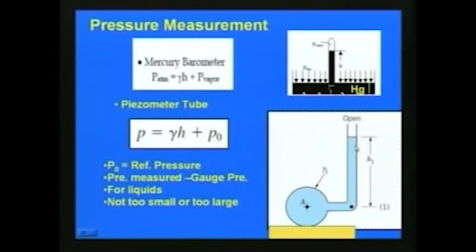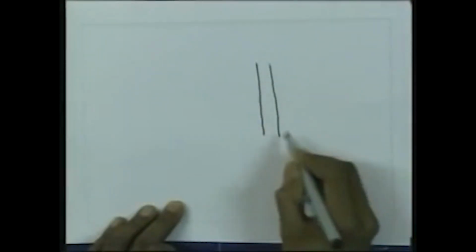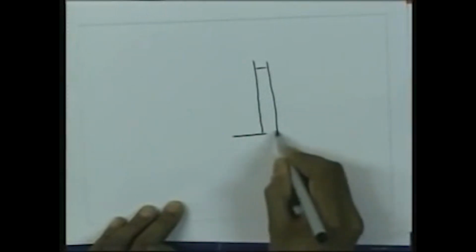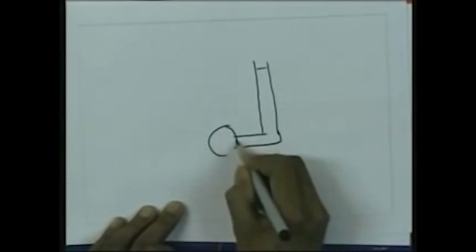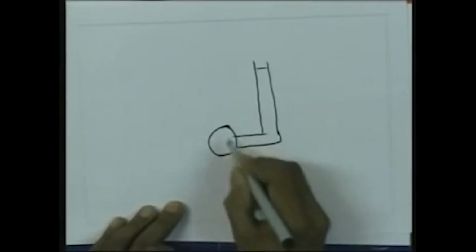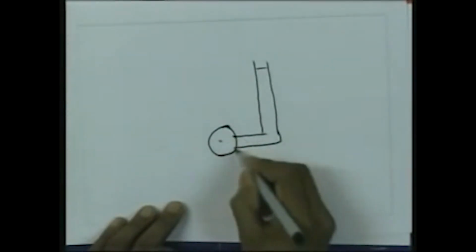A piezometer is just like a tube which we can introduce at a particular location. This small tube can be connected to various locations, like if you want to measure the pressure in a pipe, then you can just put it like this.